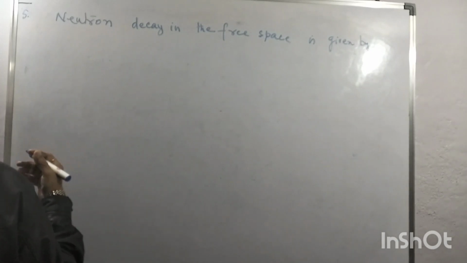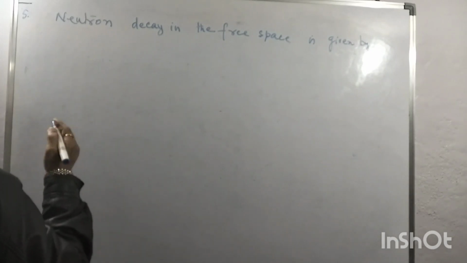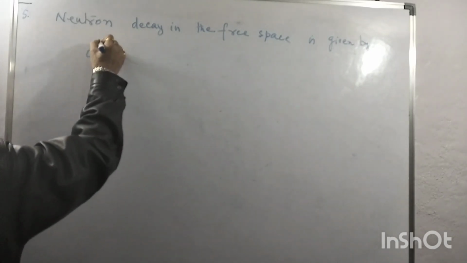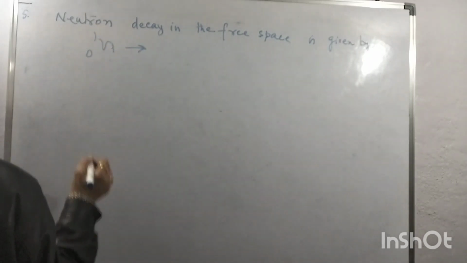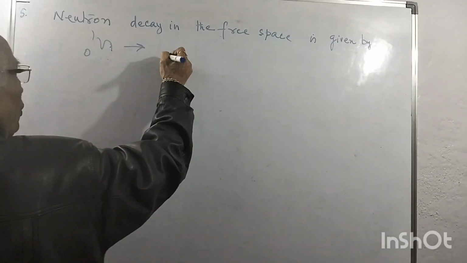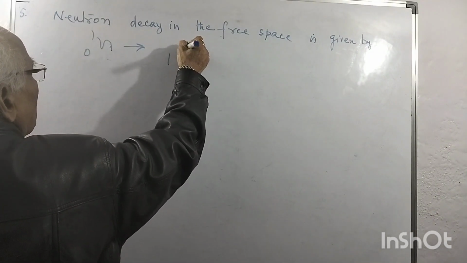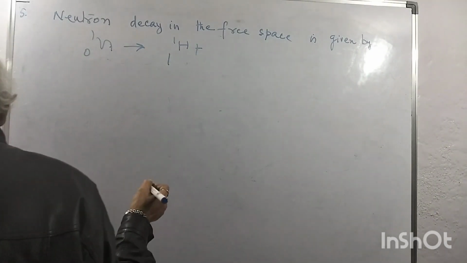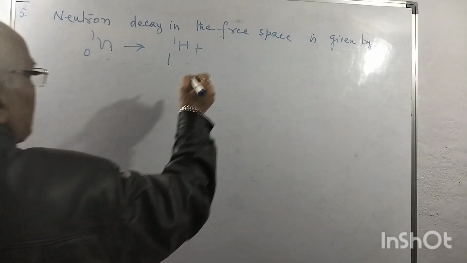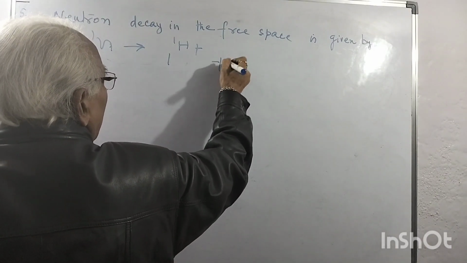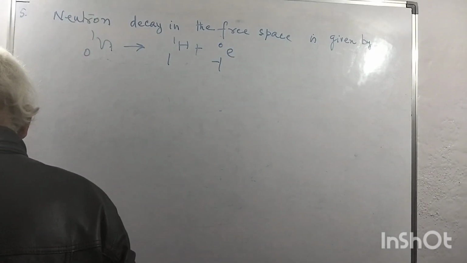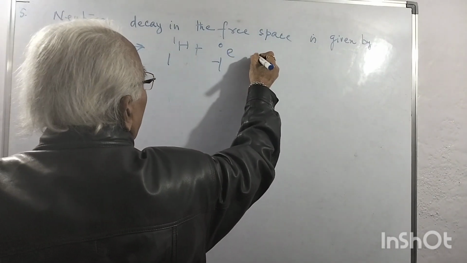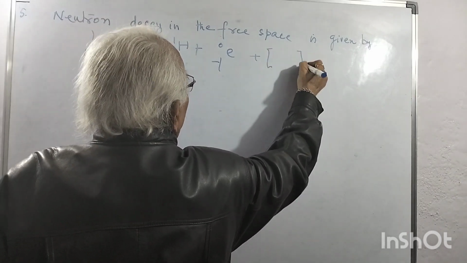A neutron decays to the proton that you know. Charge 0, mass 1, the neutron decays to 1H1 plus what else? Minus 1 electron of 0 mass, plus something else.